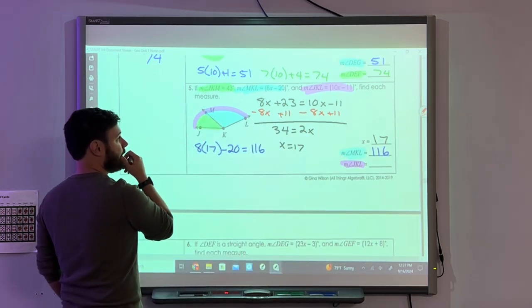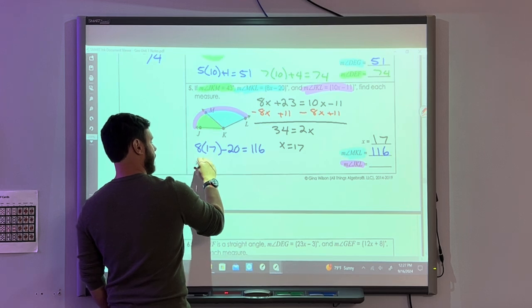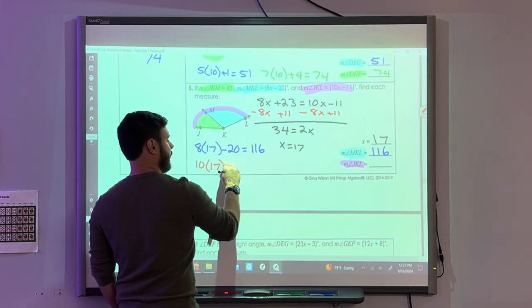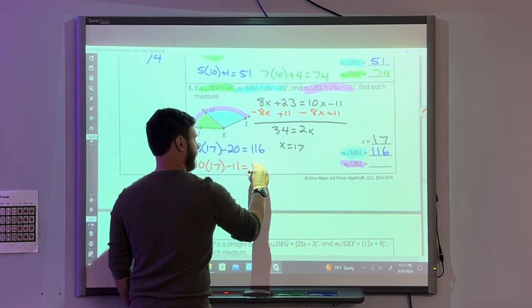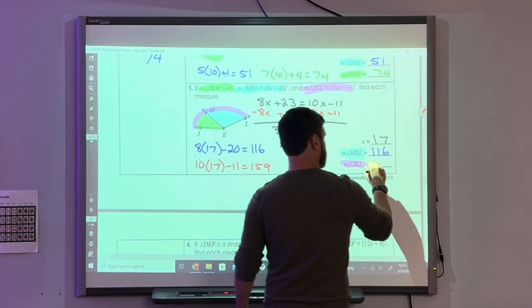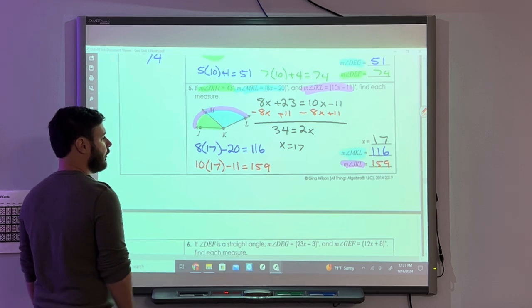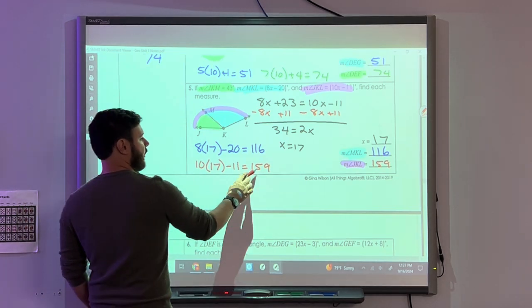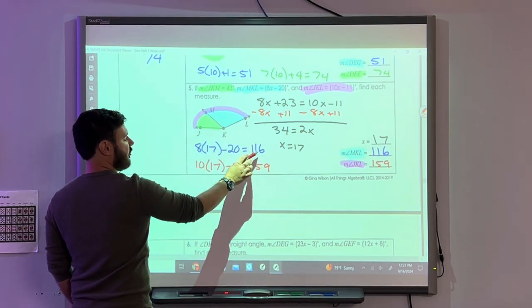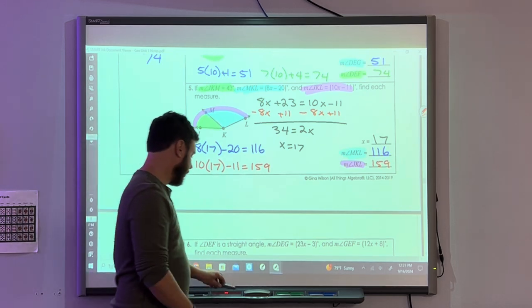And then JKL, that is going to be 10 times 17 minus 11, or 159. Okay. Again, we could check to see if the whole thing is 159, we take away the 43, we should be left with that. It's true, it works.